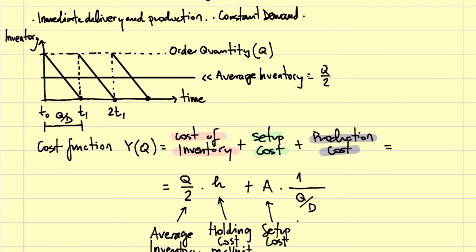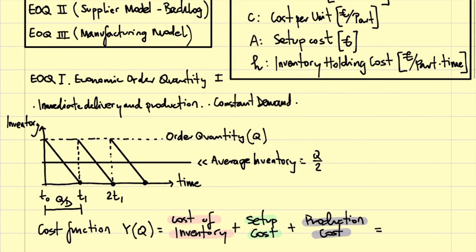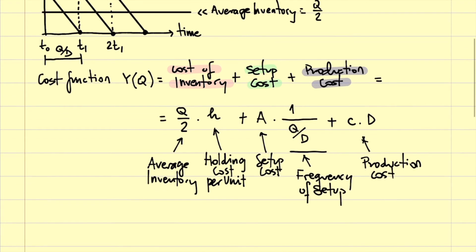So this thing is the frequency of order of setup, plus a constant C times the demand. This is the production cost. C we have said is the cost per unit times the number of units that we have.